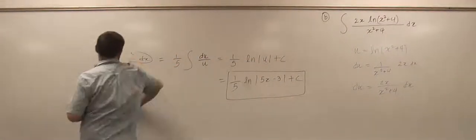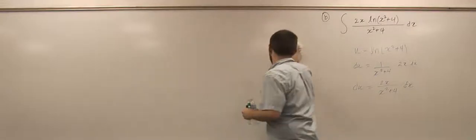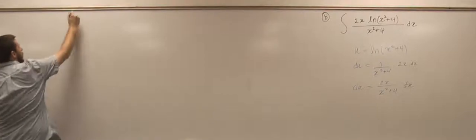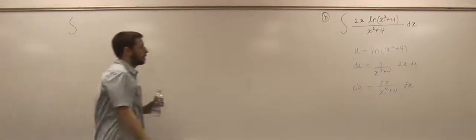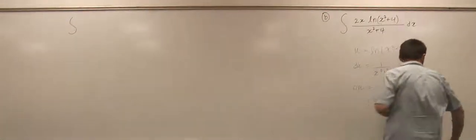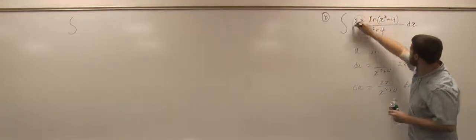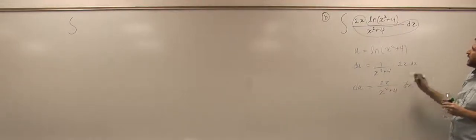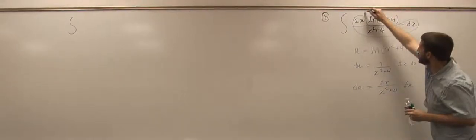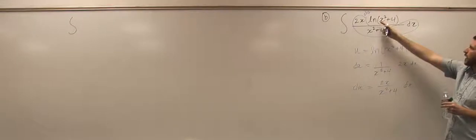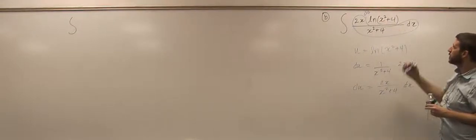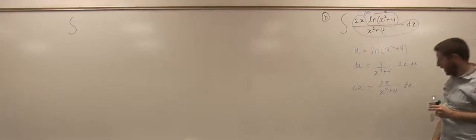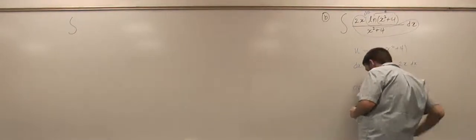Now what happens here? So this will become the integral of all of this, 2x over x squared plus 4 dx. All of this is du. ln of x squared plus 4 is u. So all I have is the integral of u du.